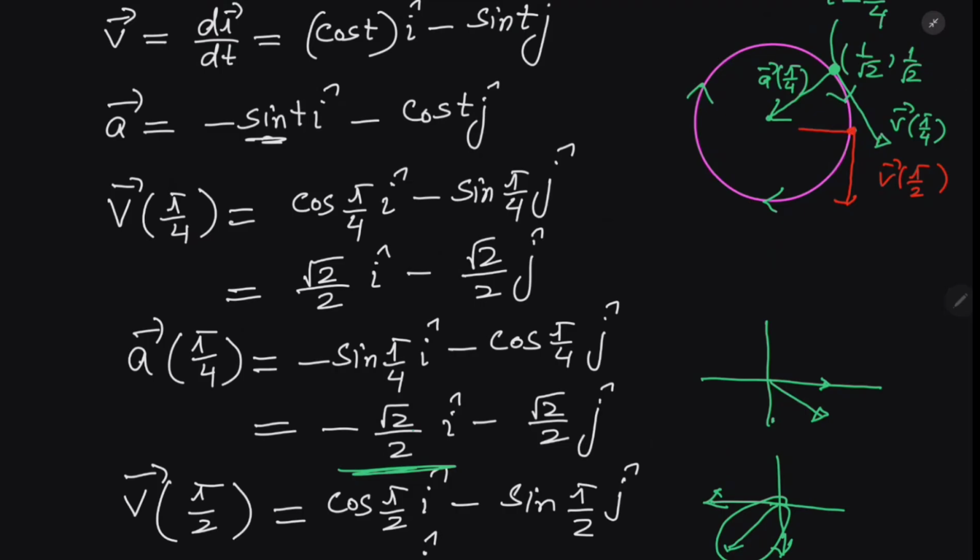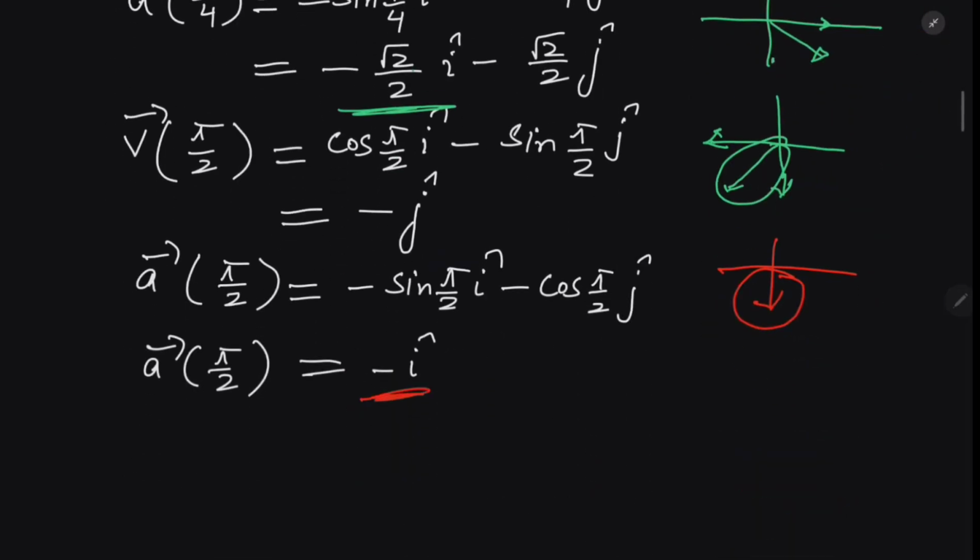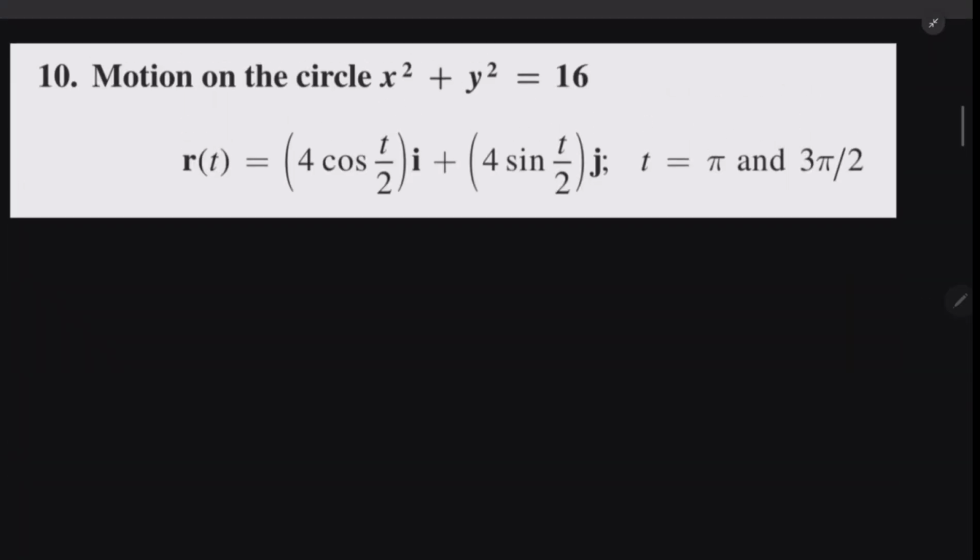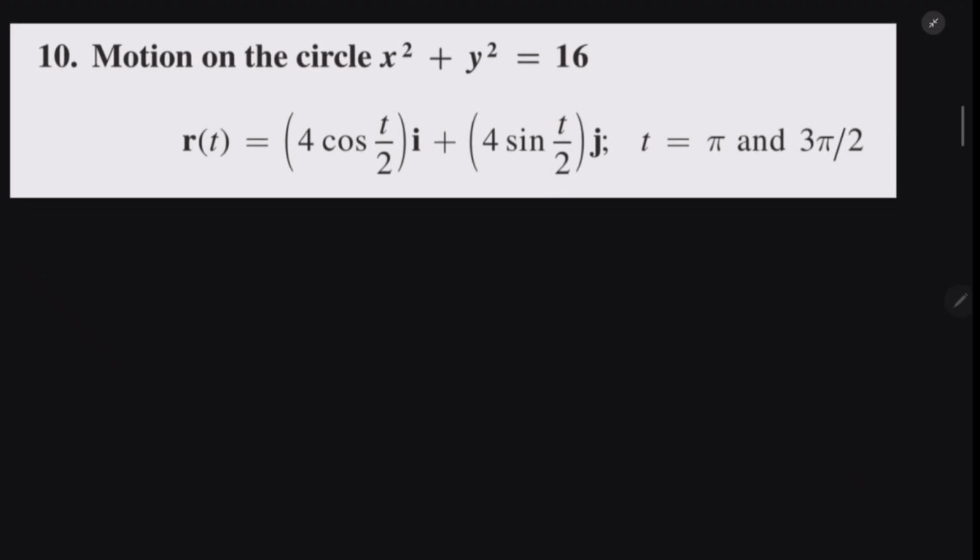Similarly, you can find the acceleration at pi by 2 yourself, and it is towards the negative x-axis, and you can see that it is in the negative x-axis. So the last question of this video is question number 10.